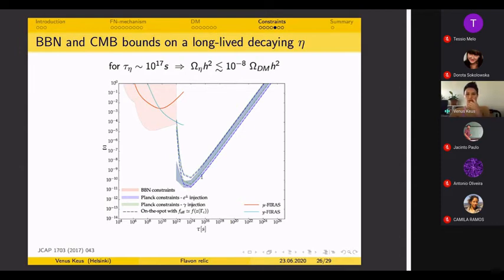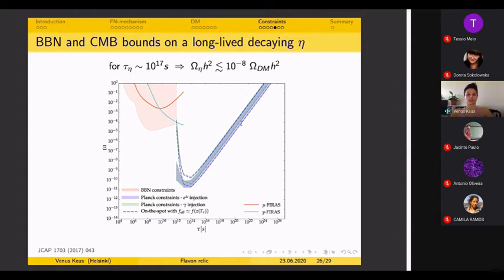So as you can see, the bound on the CMB goes all the way to 10 to 24 seconds or so, which is way in the future. But still, that basically means that the abundance of your particle, even if it's very, very long-lived, still is quite constrained. We didn't really realize that the CMB constraints would be so strong. But yeah, there it goes.